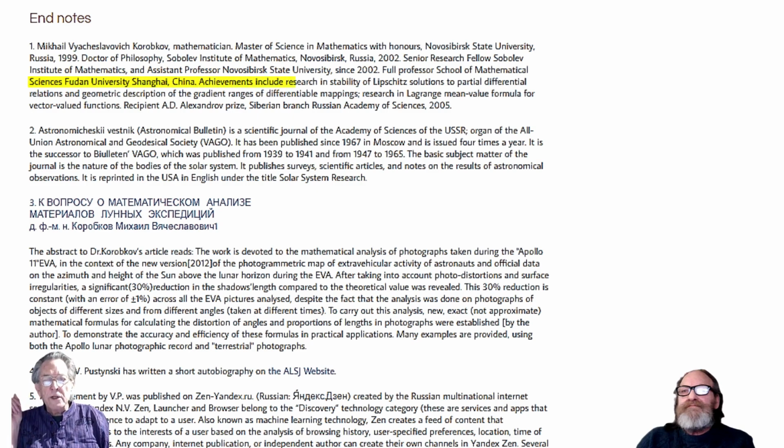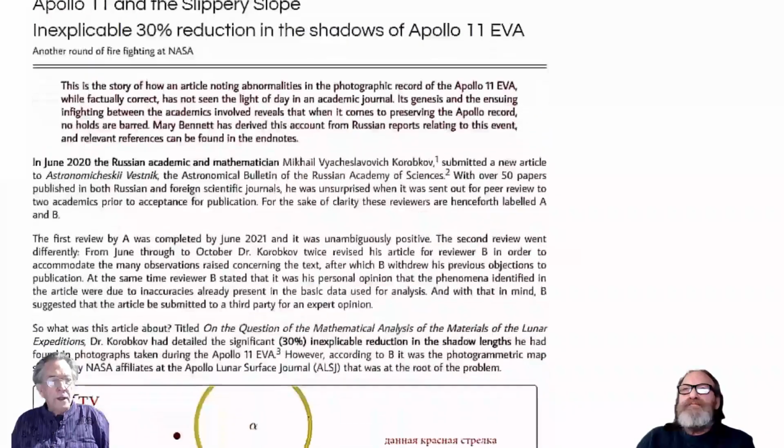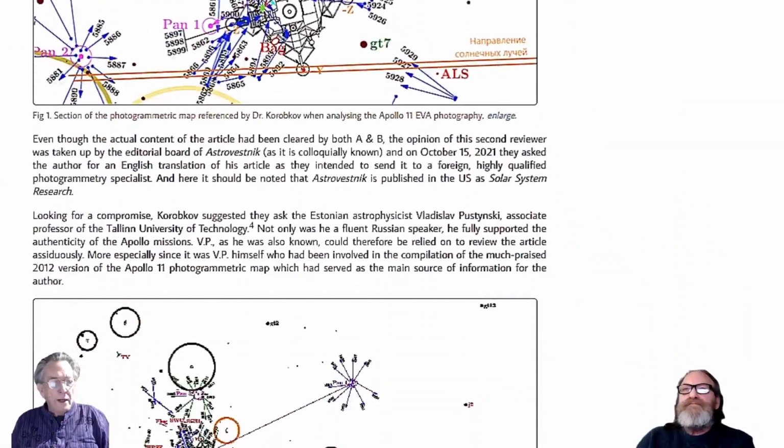Achievements include research into stability of Lipschitz solutions to partially differential relations and geometric descriptions of the gradient ranges of differential mappings. Research into Lagrange mean value formula for vector-valued functions. This guy knows what he's talking about, hence why it's been highlighted in our list.